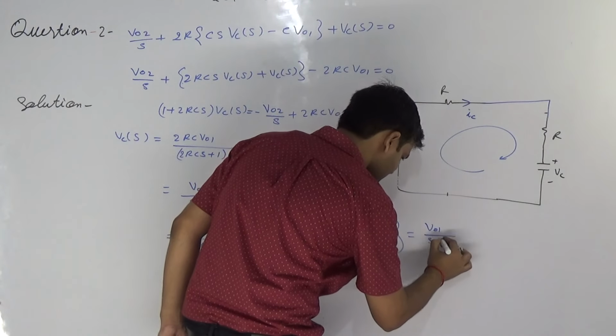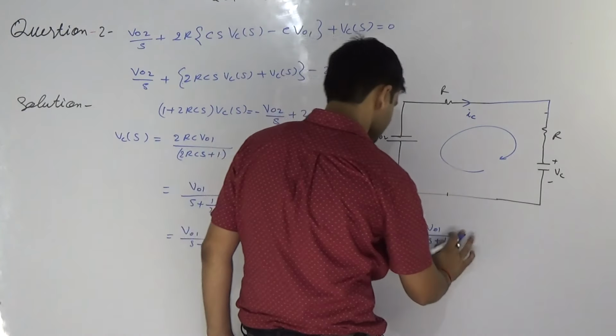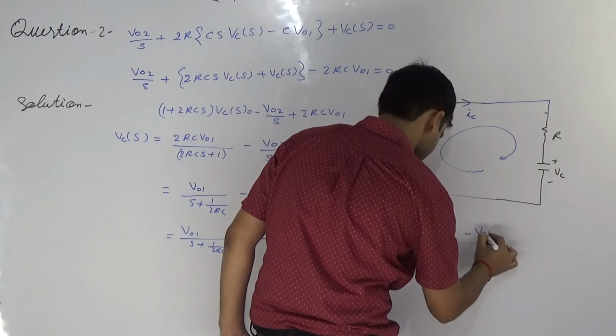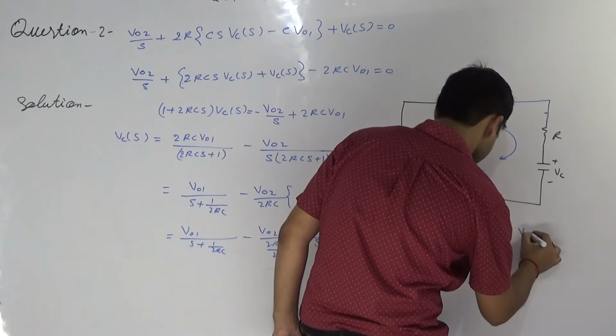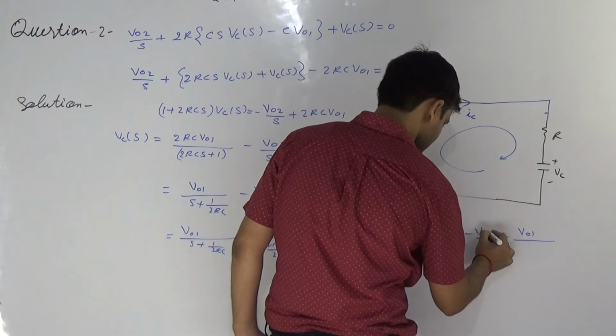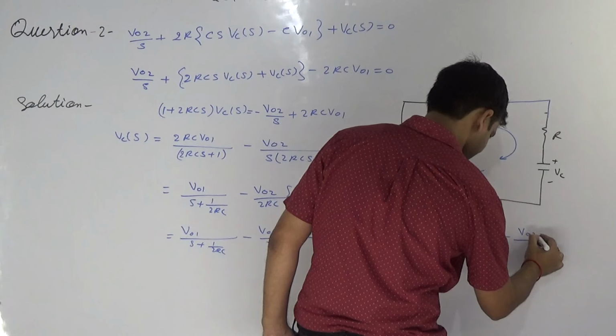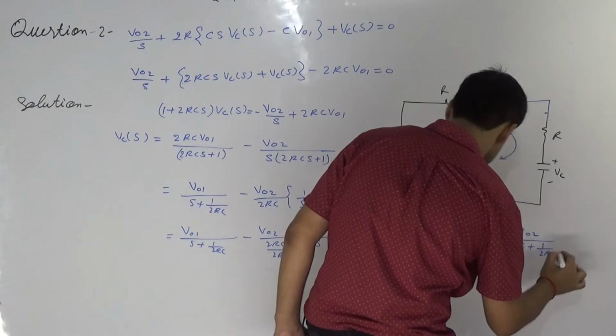This will equal to V01 upon S plus 1 upon 2RC minus V02, this is V02, divided by S into 2RC.